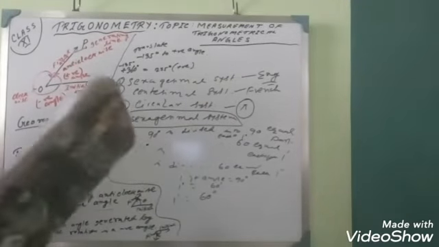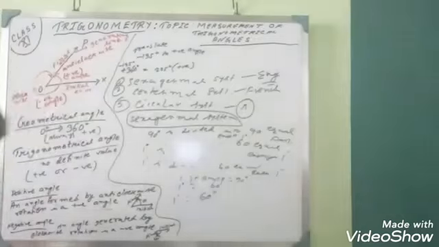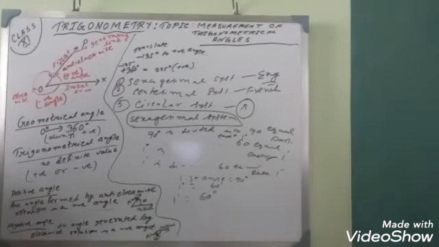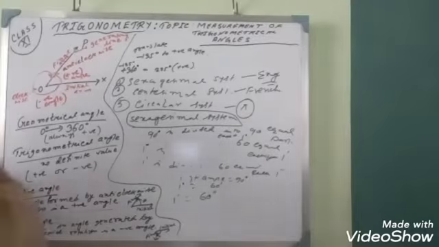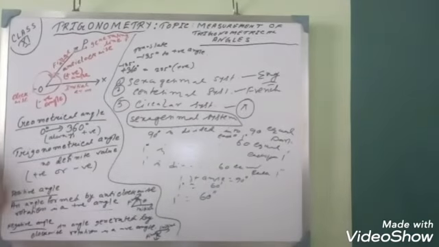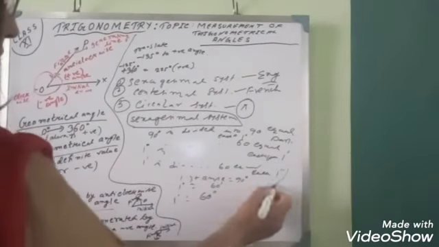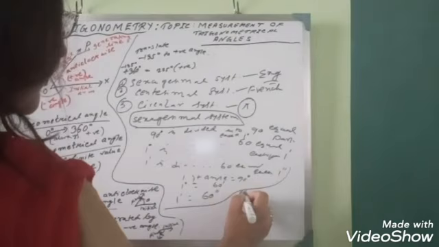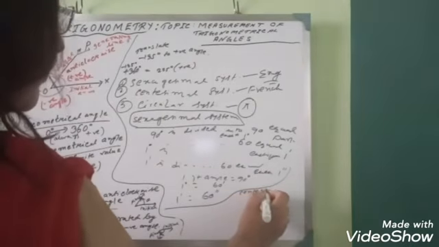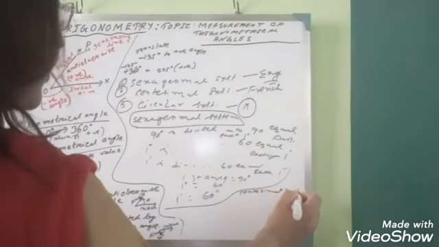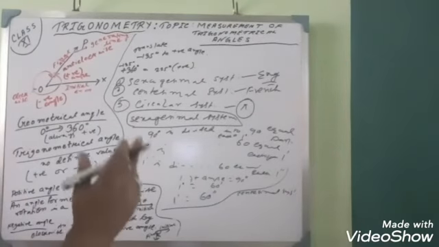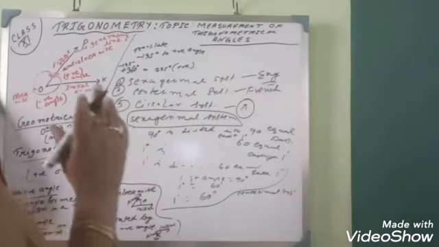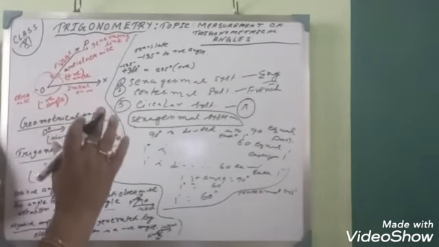Next, the centesimal system. What is the centesimal system? In this system, obviously we will always consider only the 90-degree angle here also.